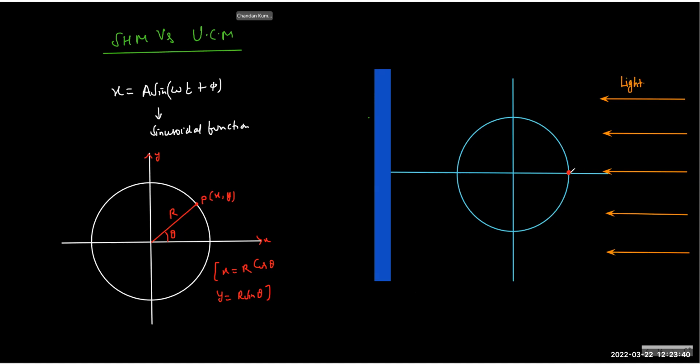So now the peg which you're looking at, the red peg, where will the shadow form right now? The shadow will form here, right?